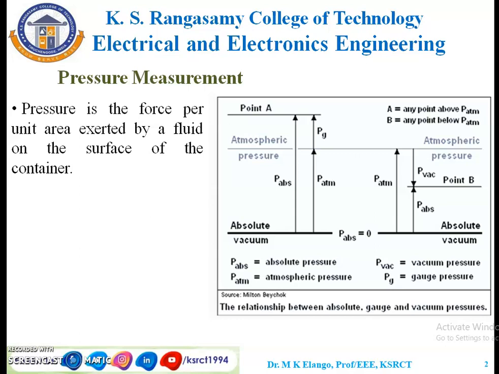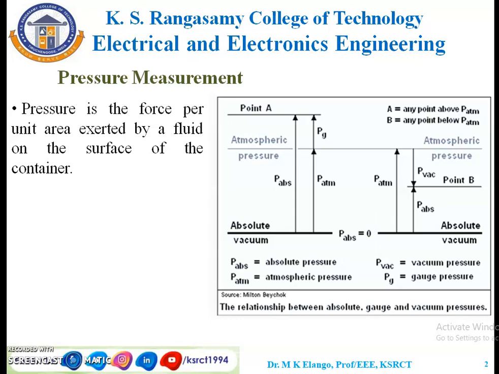And for vacuum pressure, pressure measuring instruments generally measure the difference between the unknown pressure and the atmospheric pressure. We know that when the atmospheric pressure P atm is greater than the unknown pressure, the pressure measured by the instrument is called vacuum pressure.